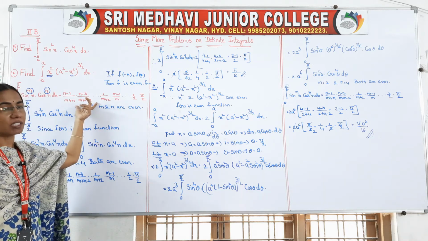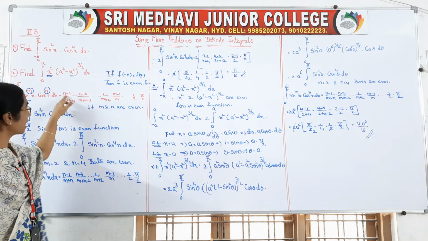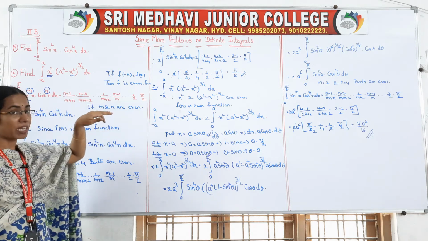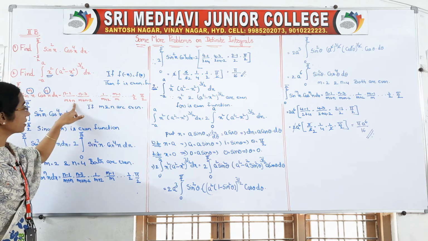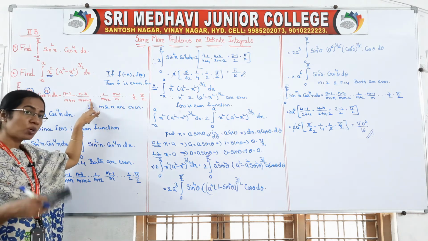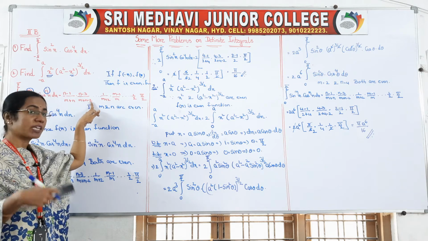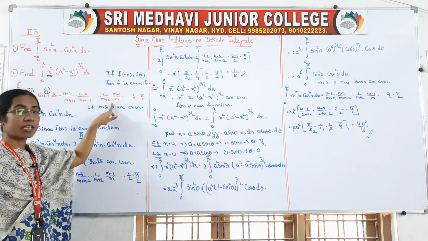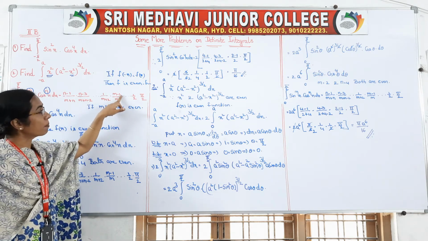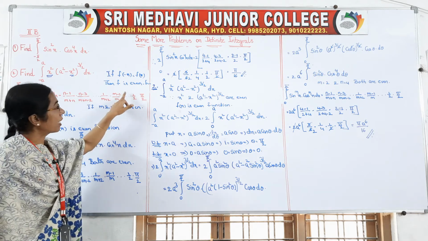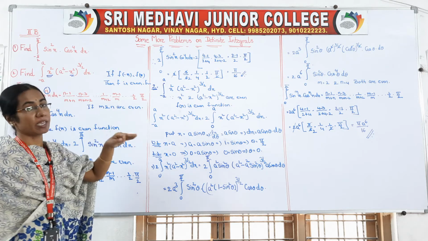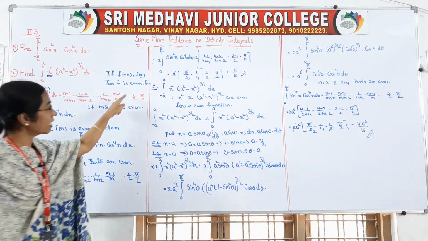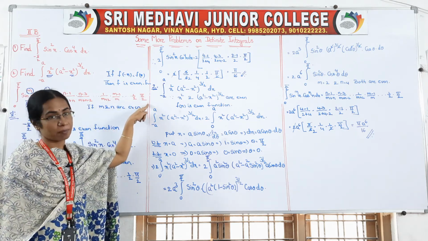Actually, with practice you will get the logic of this one. n minus 1, n minus 3, n minus 5, like that upwards till 1. Downwards m plus n minus 2, m plus n minus 4, m plus n minus 6 till m plus 2 form. Here m minus 1 by m, next m minus 3 by m minus 2, m minus 5 by m minus 4, like that till 1 by 2 into pi by 2.